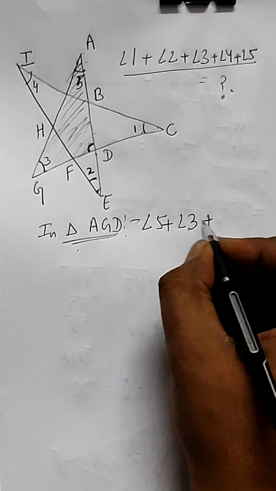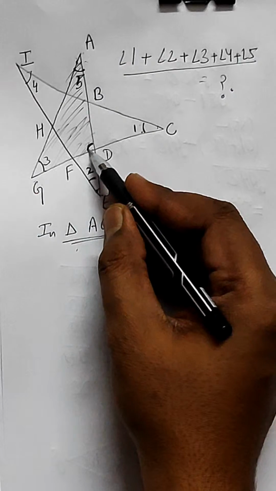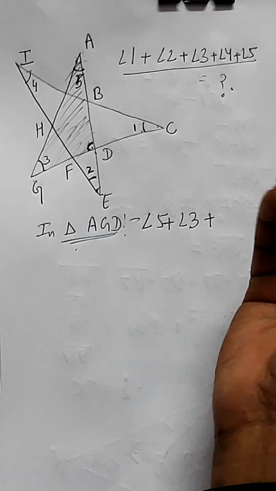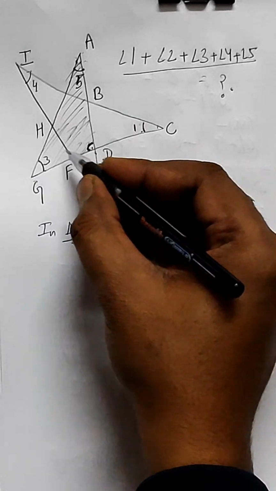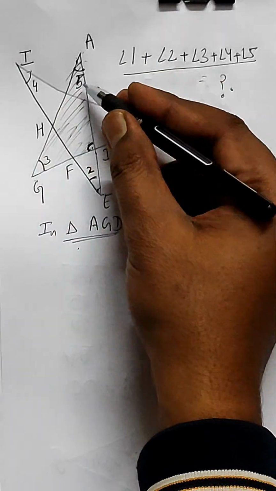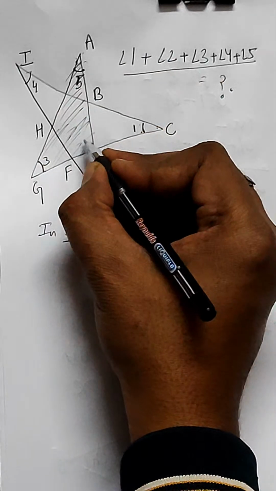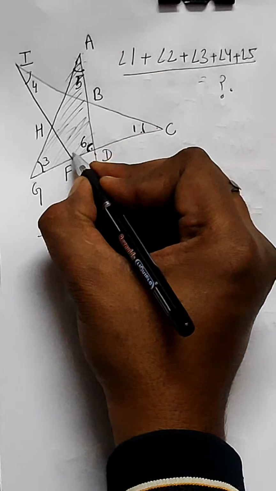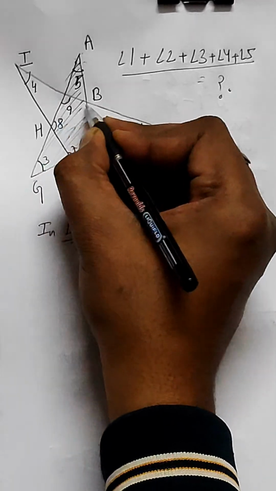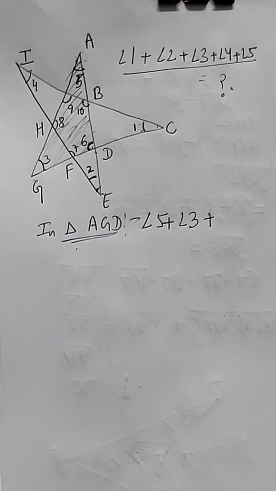What is this angle? Let's do the nomenclature of these angles also. There are 5 at all the corners or points of the star. So let's say it's 6, then 7, then 8, then 9, then 10.